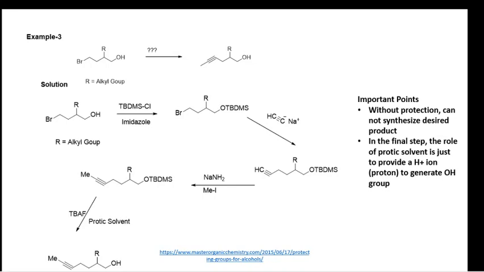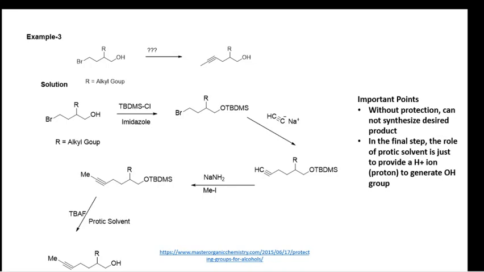We have chosen a silyl group for the protection of this hydroxyl functionality. Once it is protected, there is no more side reaction possible for the formation of our desired product. The hydroxyl group is now transformed into the corresponding silyl ether.